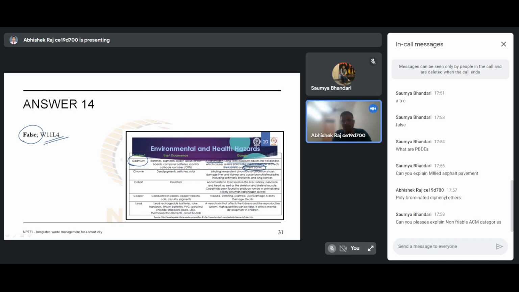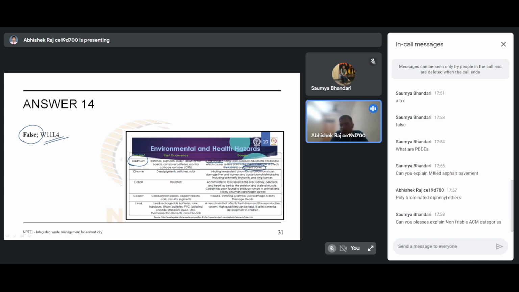Basically, what it means is that the first category will be friable. That will have around 1% of asbestos. Anything is not pure asbestos, so it will have a certain component of asbestos. Asbestos sheets also have concrete mixed with asbestos.